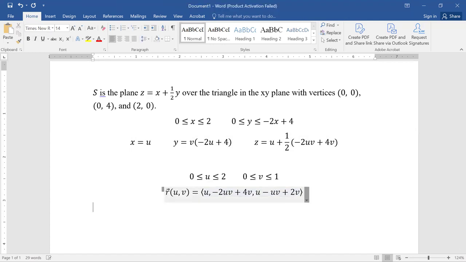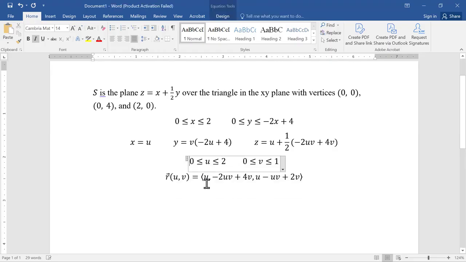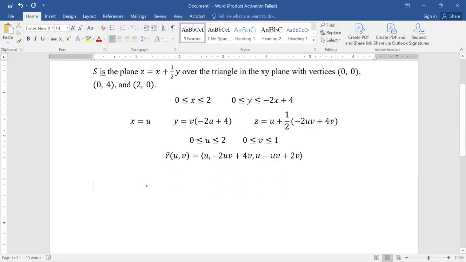All right. So now what we're going to do, so that's my parameterization. That's sort of step 1. Now the surface integral, or excuse me, the surface area comes from the integral where I have to find the cross product of this thing when I take the derivative with respect to u and when I take the derivative with respect to v.